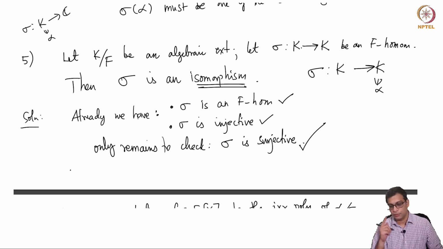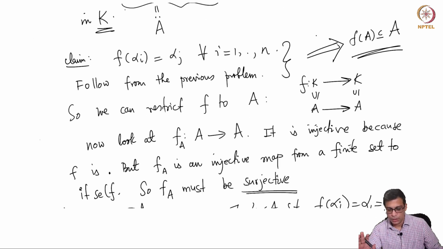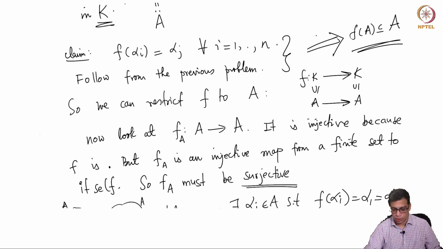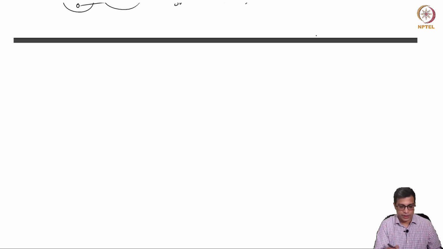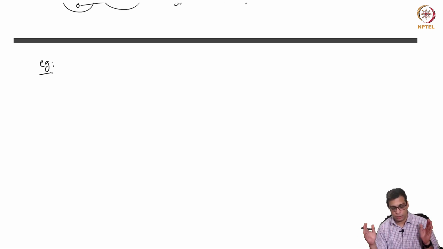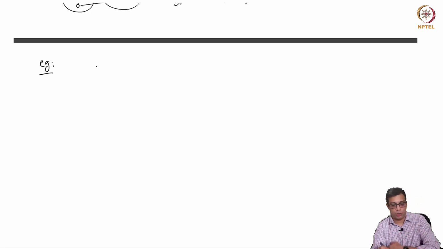an isomorphism. If this K is different from that K, then we can't say any statement like this. That is the statement I want to show: if you have an algebraic extension and a homomorphism from it to itself, then it must be an isomorphism.